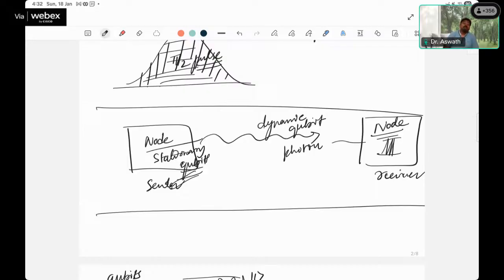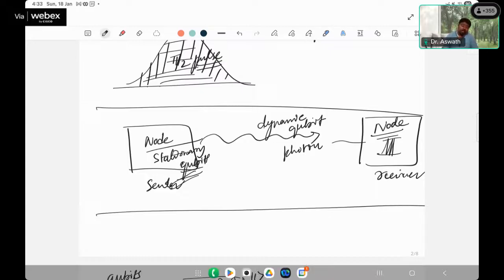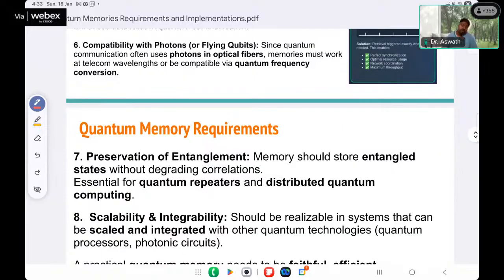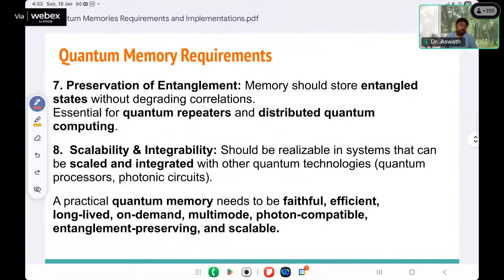There should be some kind of coordination between them. If that coordination is not there, I can't have a better quantum memory, with retrieval or encoding and decoding between these things. Okay, so what are a few more requirements?